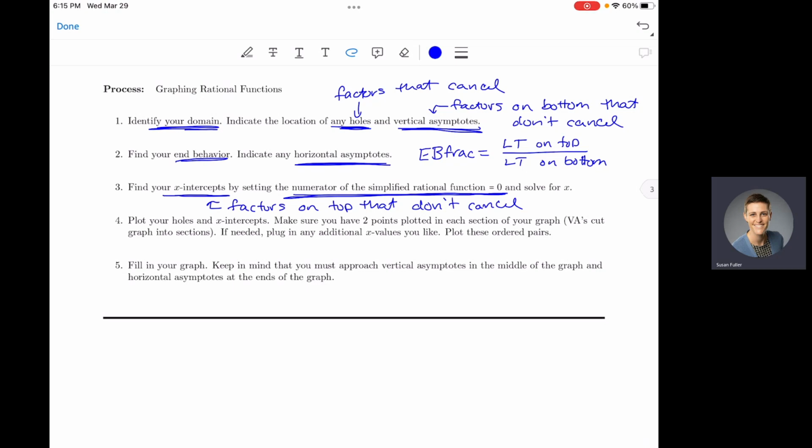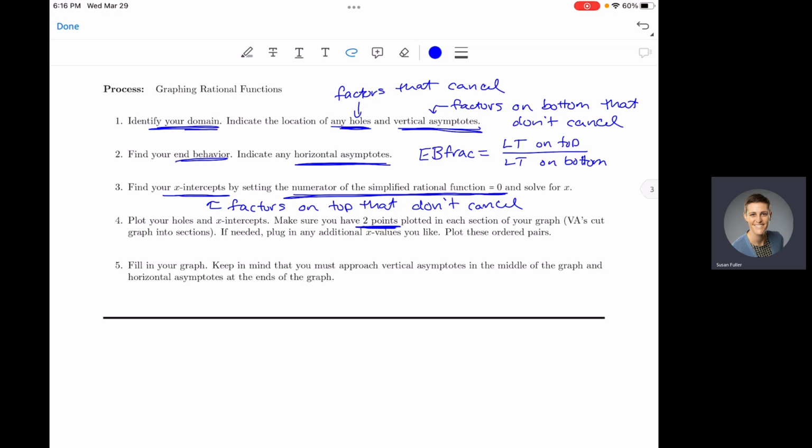And then once you have all of this, you're going to plot your holes, your x-intercepts, and your asymptotes on your graph. Then you're going to make sure that you have 2 points on either side of every vertical asymptote. You'll need these for Alex.